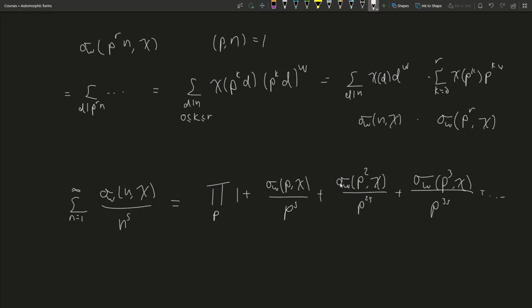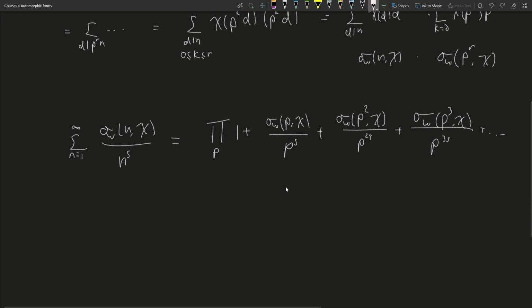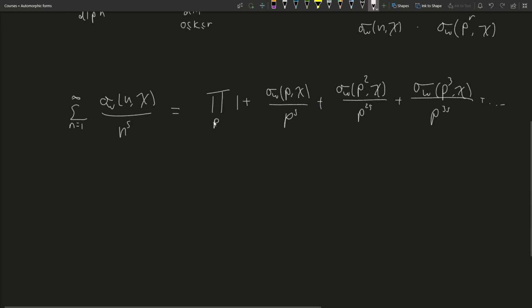Now, for each of these sum of divisors functions, we can write it just using its definition. We know what the divisors of some power of p are.